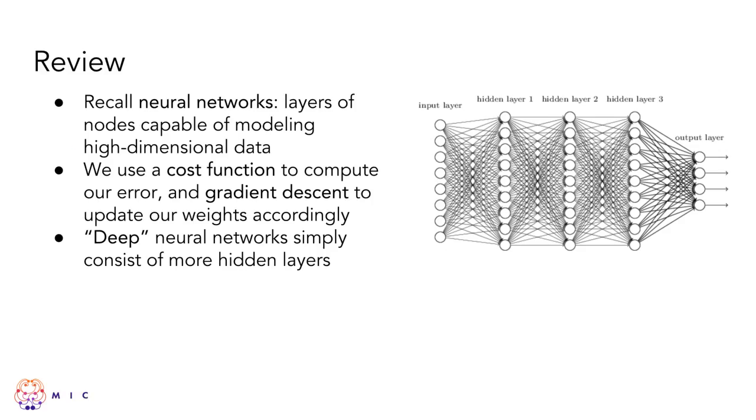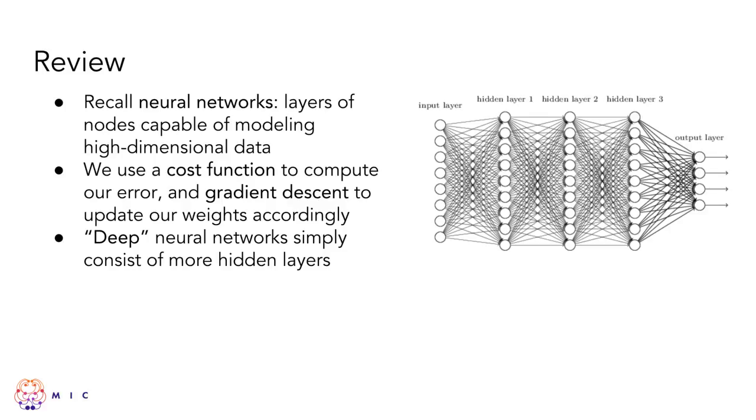Before I start, I do want to do a brief review of the concepts that we've encountered before. Recall from last week we learned about neural networks, which are essentially layers of nodes capable of modeling very high dimensional data. So how does it do this?